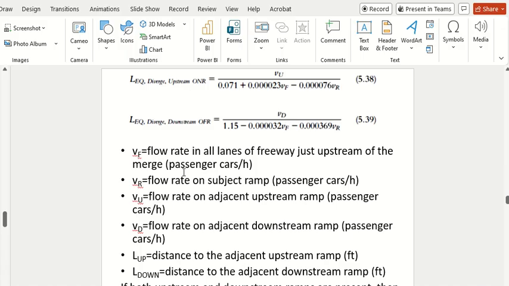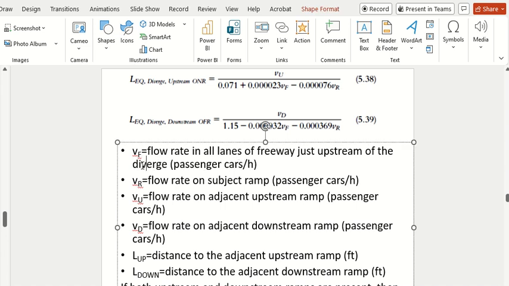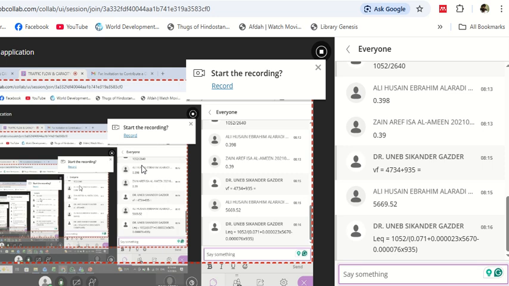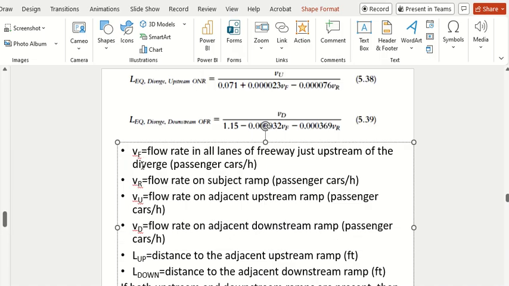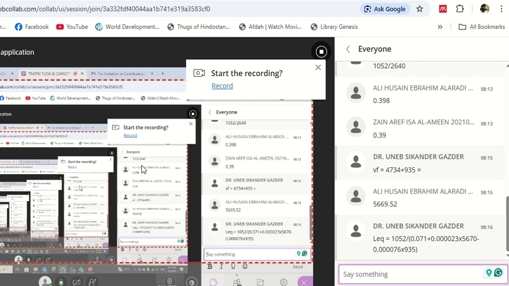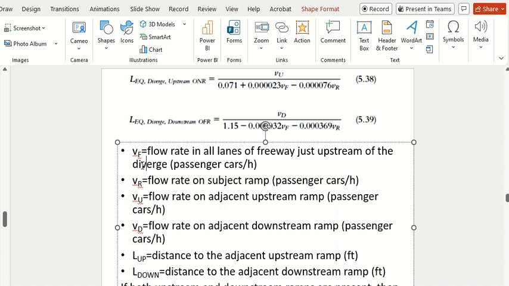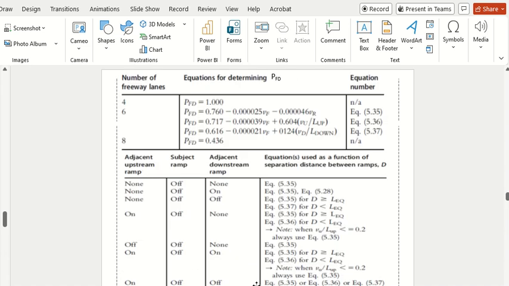Okay, how much is LEQ here? I'll just make a correction here. My distance is 2640, remember, half a mile, 2640, and you found LEQ to be 8000 something.